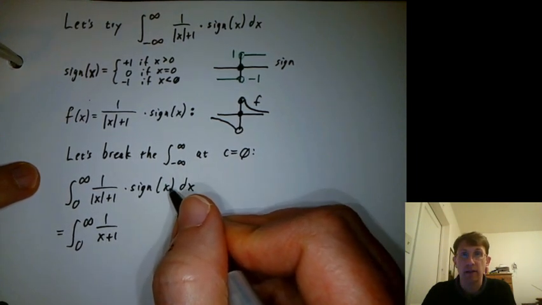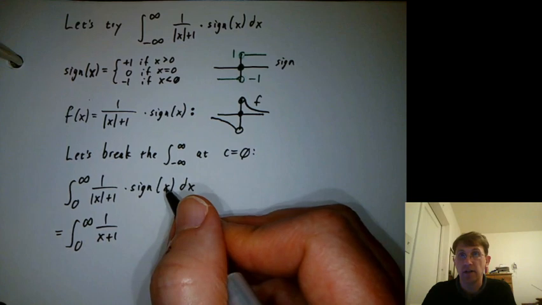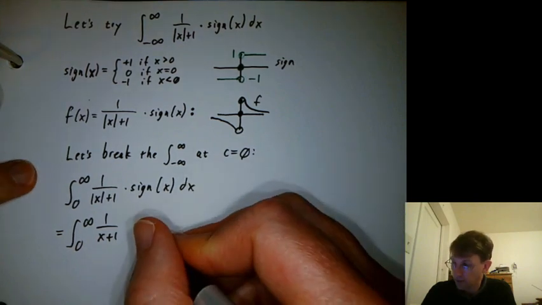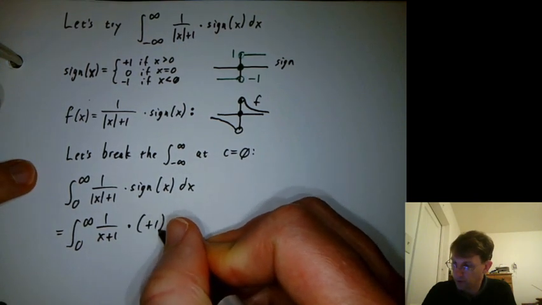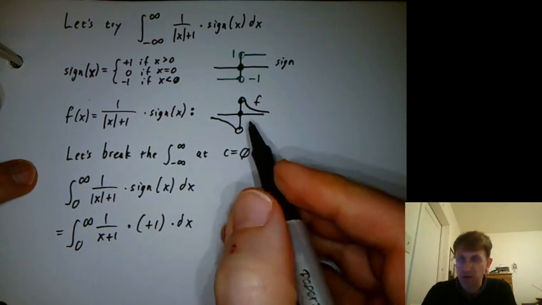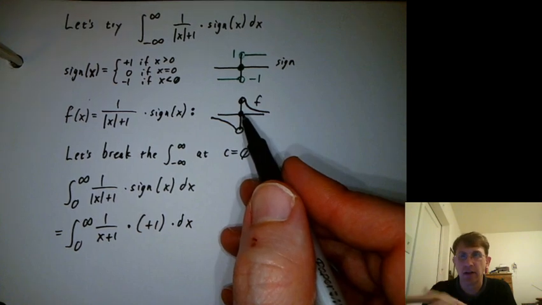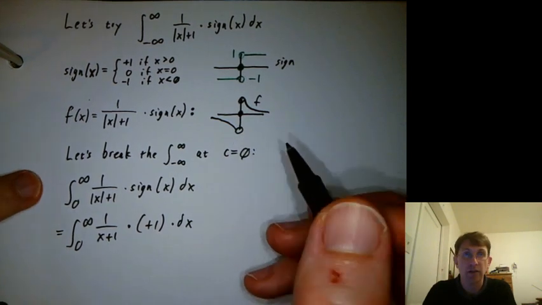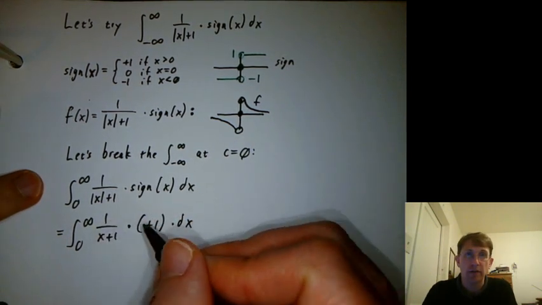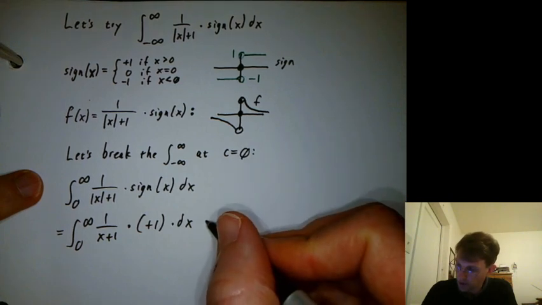And then if x is not negative, the sign is 1, times 1 over x plus 1. I'm ignoring the value at 0. If you take later math classes, you'll see that that's okay to ignore. For now, you can just trust me. What is this integral? So let's think about that.